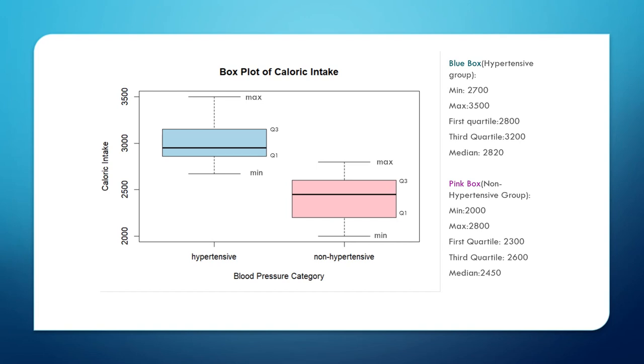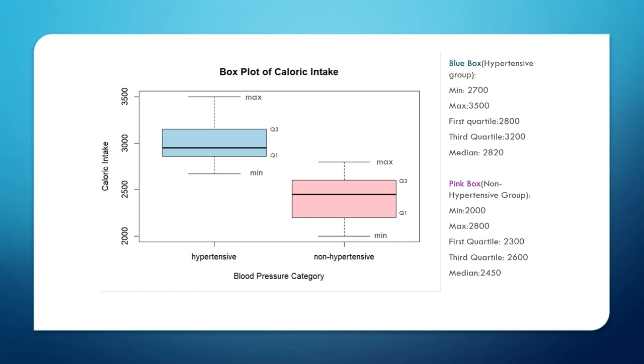In the non-hypertensive group, the minimum calorie intake is 2000, maximum calorie intake is 2800, the first quartile is 2300, third quartile is 2600, and the median is 2450. Now let us draw inferences from these values.